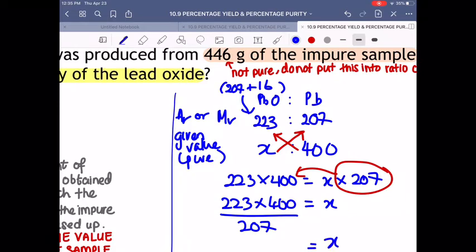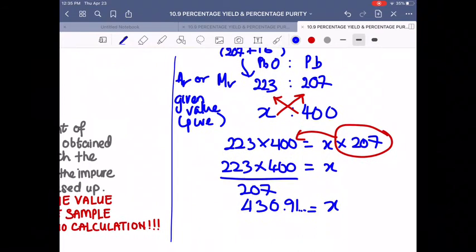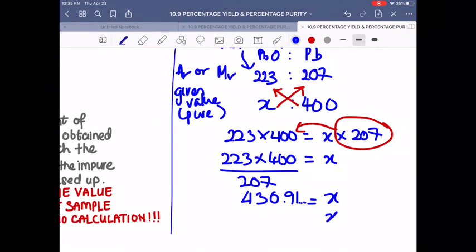You should get 430.91, a long answer, but round off to 3 sig fig. Here the third sig fig needs 1 added, so you get 431 gram, 3 sig fig.